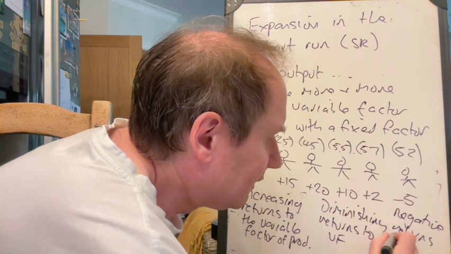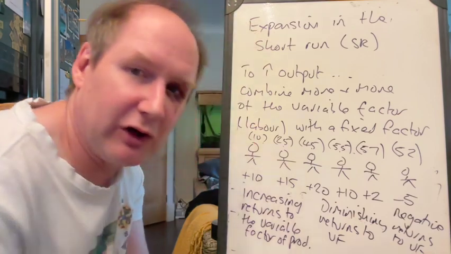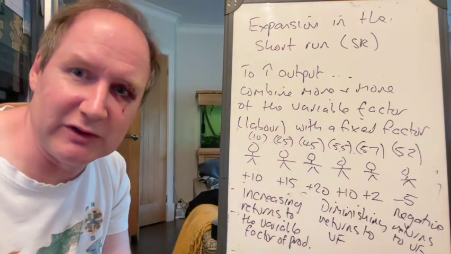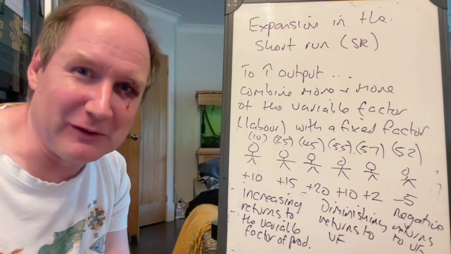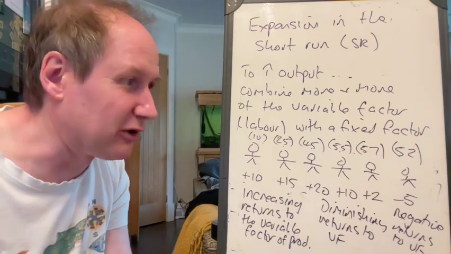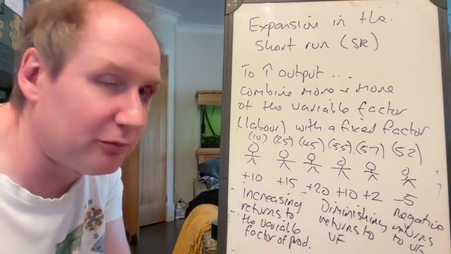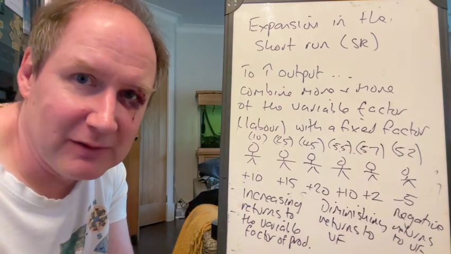And what we have there is negative returns to the variable factor. We add a worker, and you would never do this, of course, if you're a business, because you're probably paying them some money, and they're reducing your total output. Their marginal product is negative.